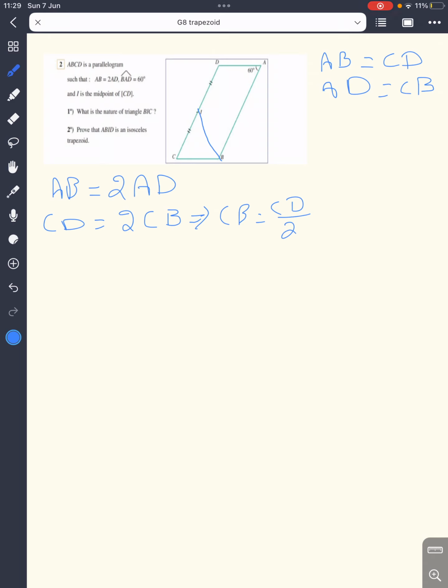And since I is the midpoint of CD, I can say that CI equals CD over 2. That's how we proved that CI equals CB.